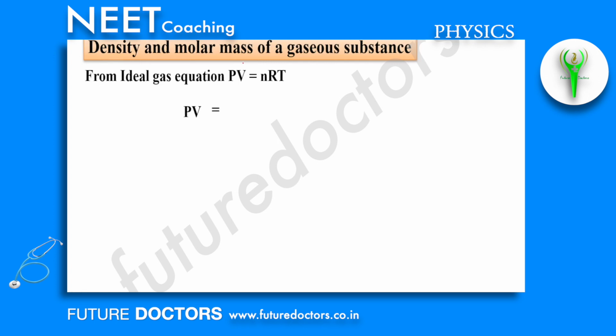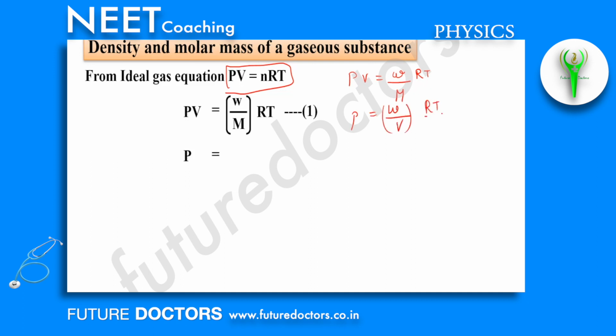We know the ideal gas equation, PV equals nRT, with n as given mass by molar mass, W by M. So PV equals W by M into RT. Now we bring this V to the denominator: P equals W by V into RT by M.